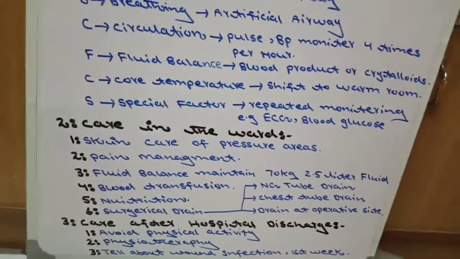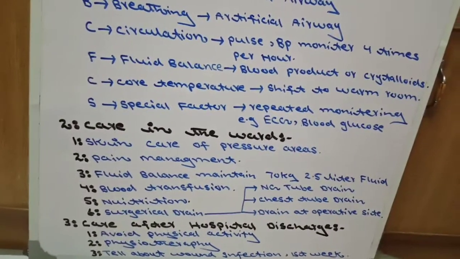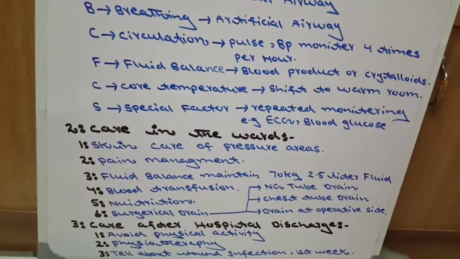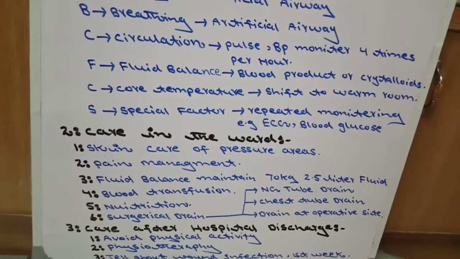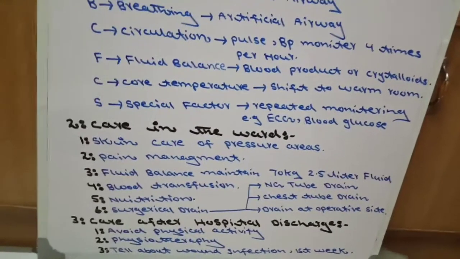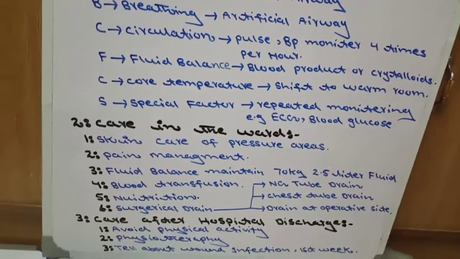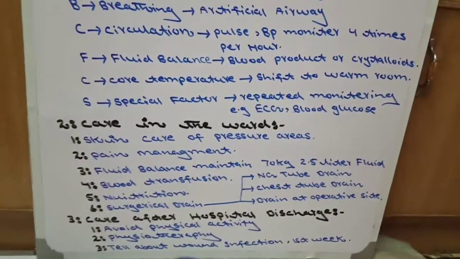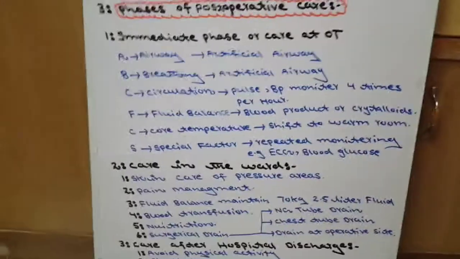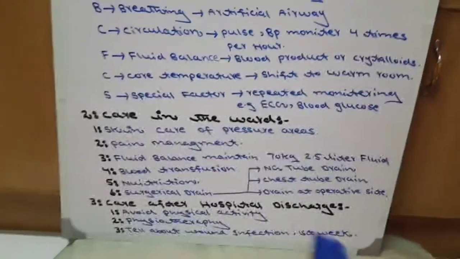We tell some exercises to the patient, like finger movement, to maintain the normal function of the finger and hand. For a broken hand, we prescribe physiotherapy to the patient. Number 3, tell about wound infection which occurs in the first week of surgery.